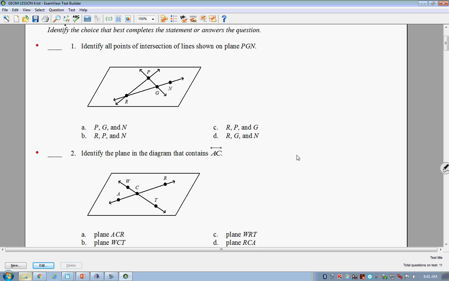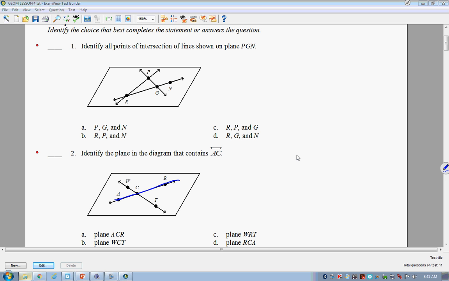Okay. Let's see. Number 1. We might be able to get through some of these pretty quick. Identify all points of intersection of lines shown on this plane. Your points of intersection are going to be point P, point G, and point R, right? Those are points of intersection. Okay. Number 2. Identify the plane in the diagram that contains AC. So it's got to contain AC.